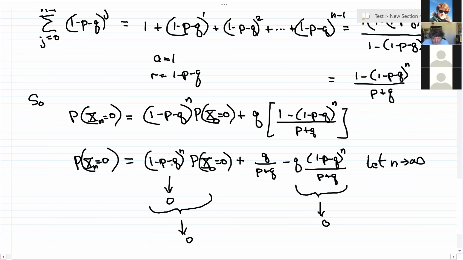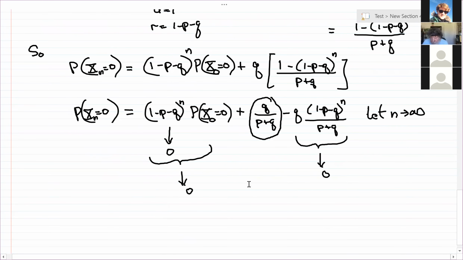So what do you get in the limit? You get this. This is the only thing that doesn't depend upon n, and it's the limit. So the conclusion of this is sweet. It says the limit as n gets large of this is equal to, not p, q, sorry, q all over p plus q.